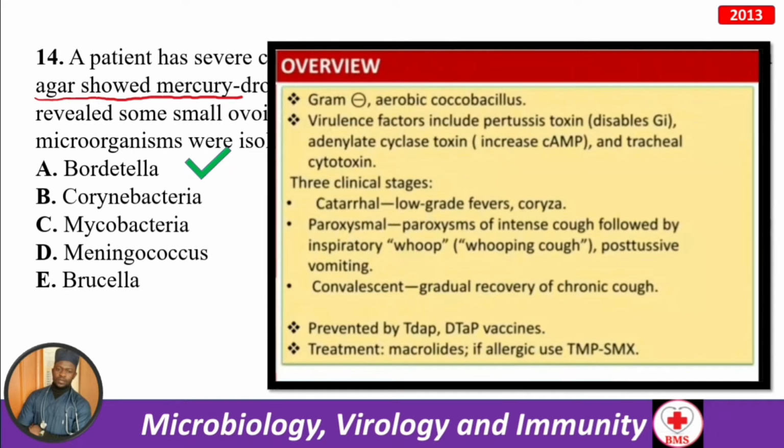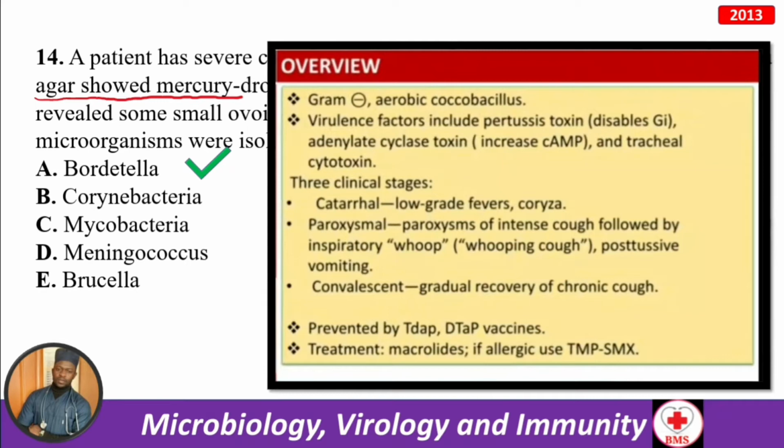So Bordetella pertussis is a gram-negative aerobic coccobacillus. It has virulence factors like pertussis toxin, adenylate cyclase toxin, and tracheal cytotoxin. And this bacteria causes whooping cough, and whooping cough has 3 stages.